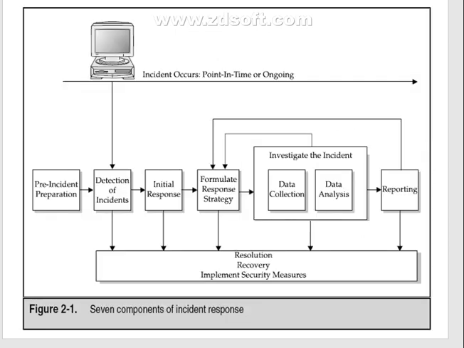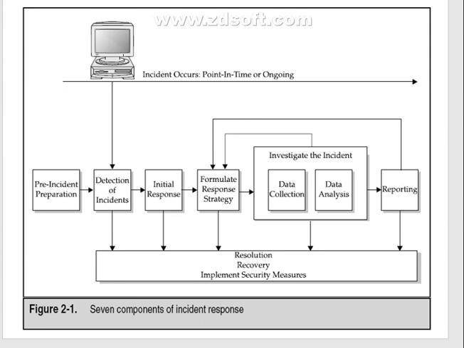So, in summary, the incident response methodology is a 7-component process whereby the first stage is to perform the pre-incident preparation. Then from pre-incident preparation, we perform detection of incidents, we perform an initial response, we formulate a response strategy, we investigate the incident, as well as report the incident.